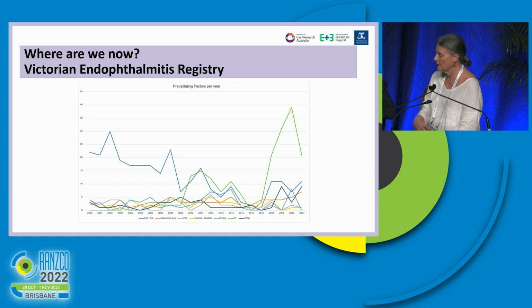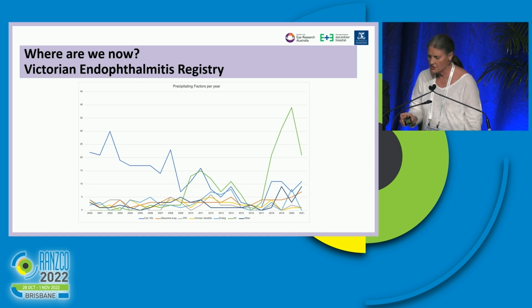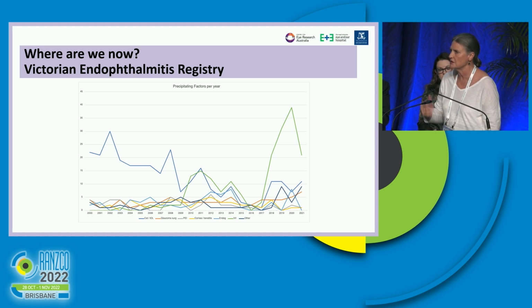And we can see that the blue line is cases after cataract surgery, and the green line is cases after intravitreal injection. And so the registry has enabled us to track changes in precipitating factors of disease.